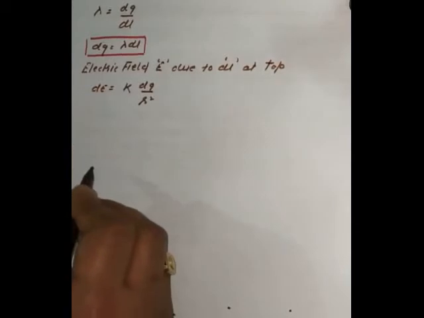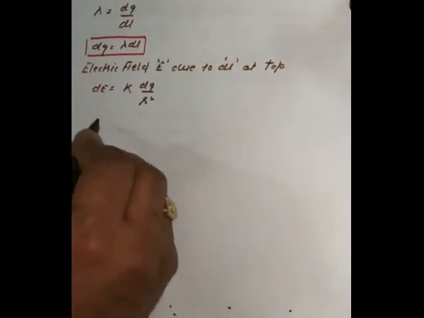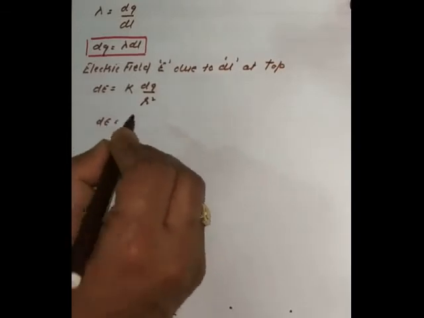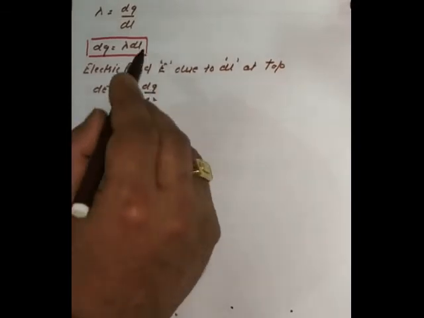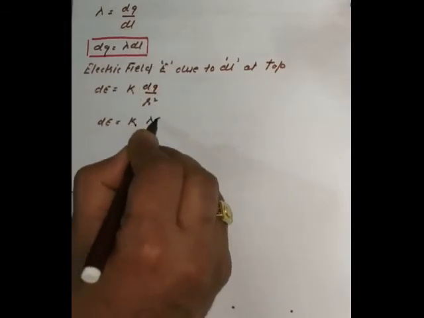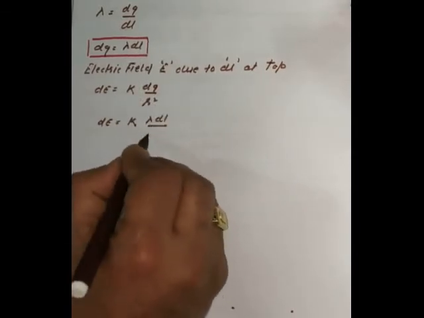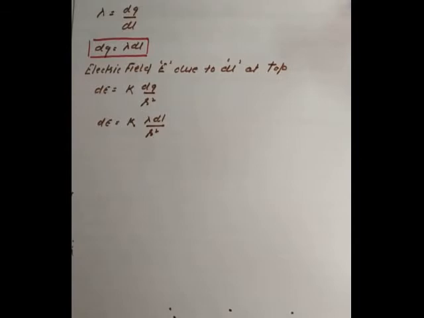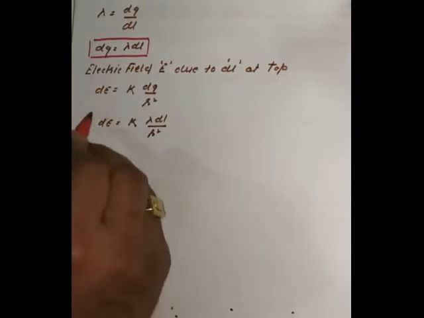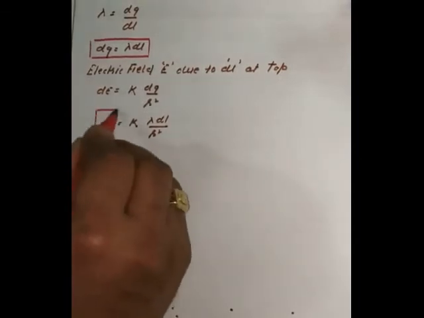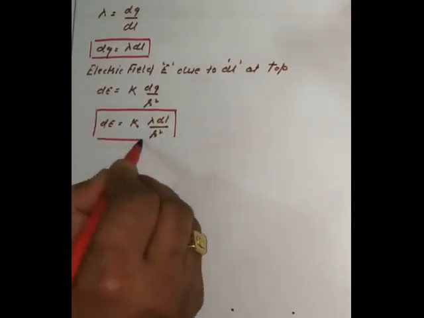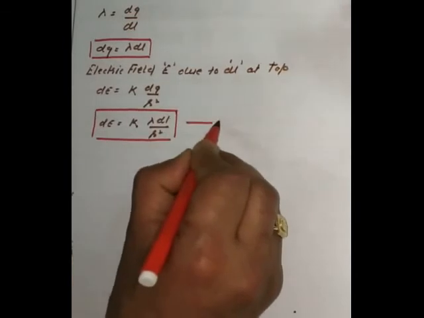You already know about that. dE equals k, and in place of dq we can write lambda dl upon r square. So this is the electric field we got in the small element or small particle. This is equation first.